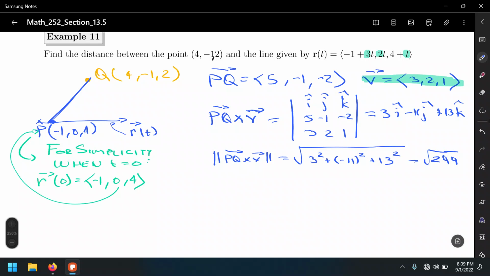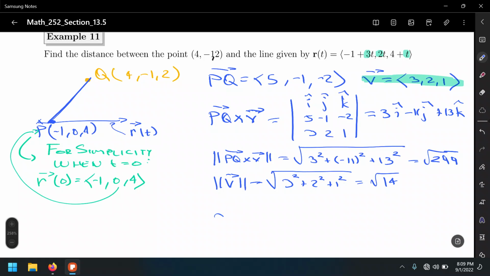What else do we need? We also need the magnitude of the vector V, the vector in the direction of the line. That's the square root of 3 squared plus 2 squared plus 1 squared: 9 plus 4 is 13, plus 1 is 14, the square root of 14.